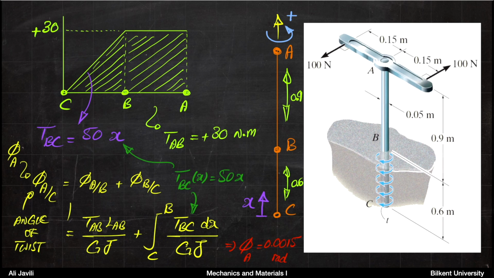As you can see, it is a combination of two types of problems: the thing that we had for composite shafts, and the part we saw for continuously changing shafts. Then you add them up to get an answer for the problem.